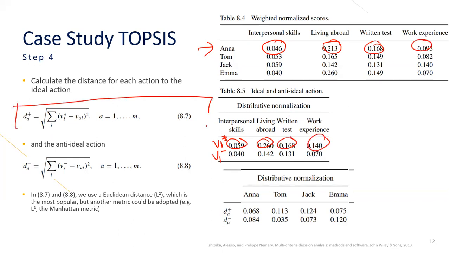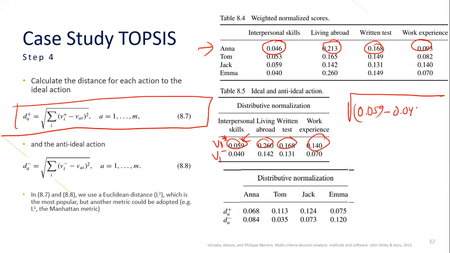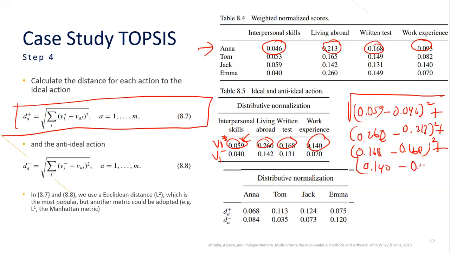So if you use this formula, it will equal the square root of 0.059 minus 0.046 squared, plus 0.260 minus 0.213 squared, plus 0.168 minus 0.168, plus 0.140 minus 0.093 squared. So you will get this one.